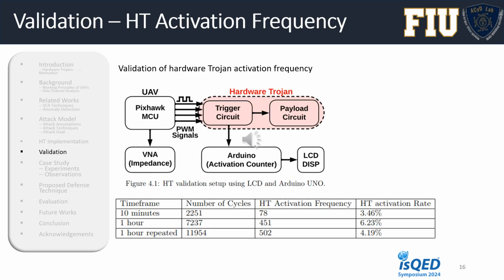As part of our validation, we wanted to make sure that our hardware Trojan was stealthy. In order to do so, we need to measure the hardware Trojan activation frequency.